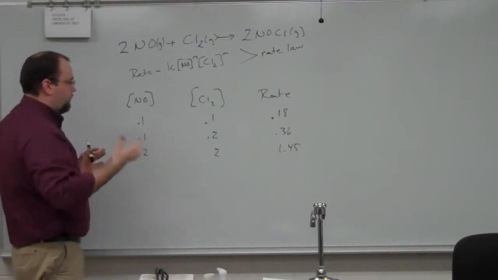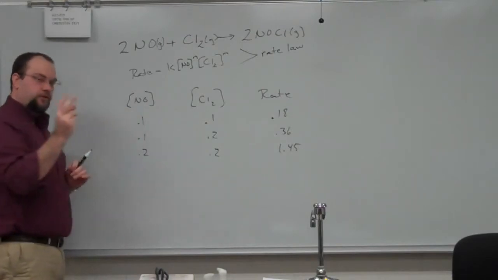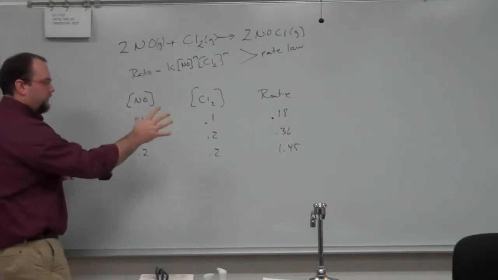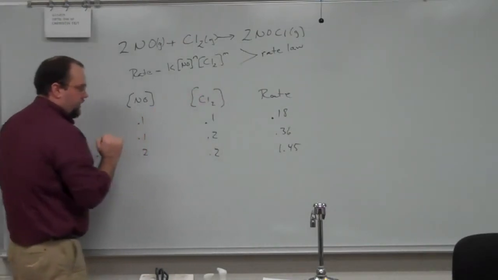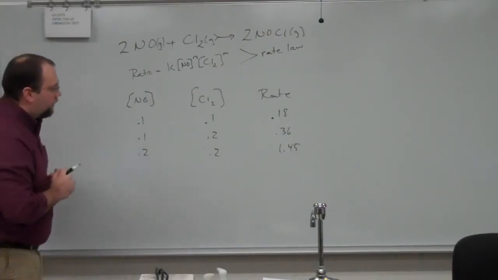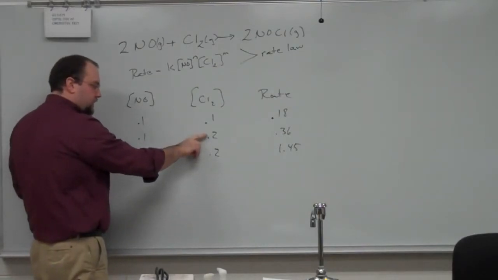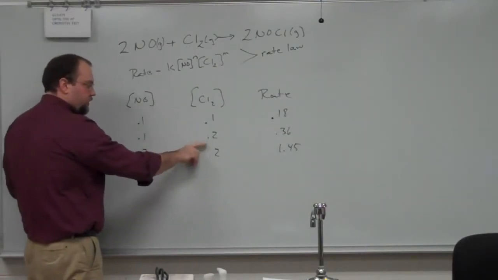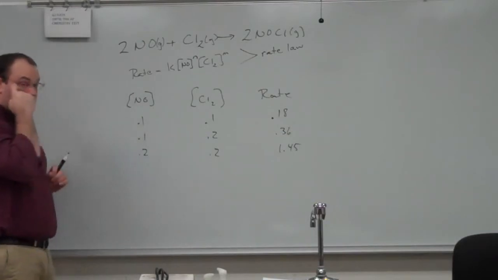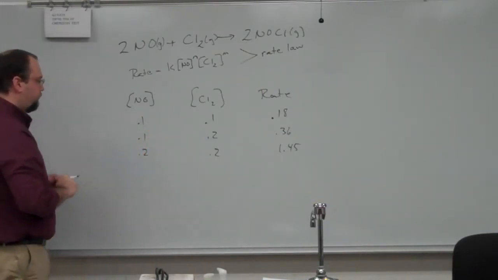So we'll start with NO. We're looking for two trials where the Cl2 concentration is held constant and the NO concentration changes. That would be between trials 2 and 3. Between trials 2 and 3, my Cl2 concentration remains constant, but my NO concentration doubles.